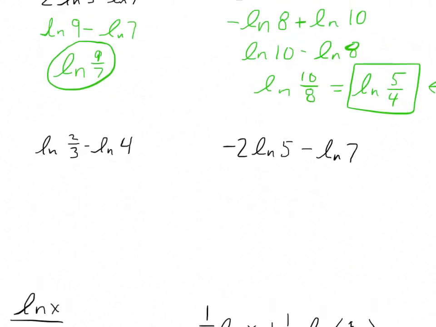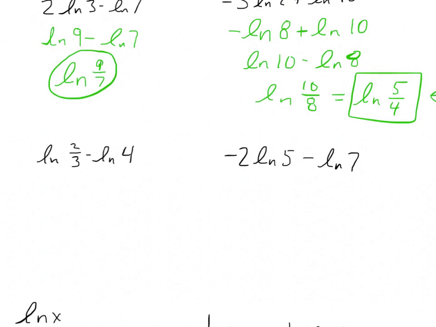So now I've got these two problems here. The first one is hopefully fairly simple, but there is a bit of a twist in it. Because this is subtraction, we know we're going to want to divide. But I'd rather you not say, oh, this is the natural log of 2/3 over 4. I'd almost like you to think of it as 2/3 divided by 4, but instead of dividing by 4, let's multiply by the reciprocal.